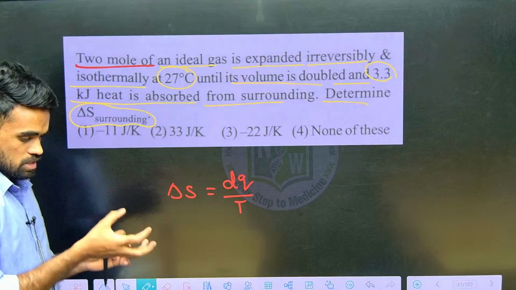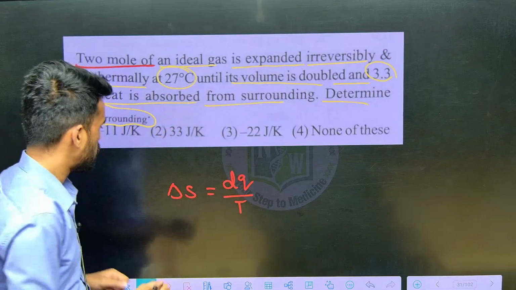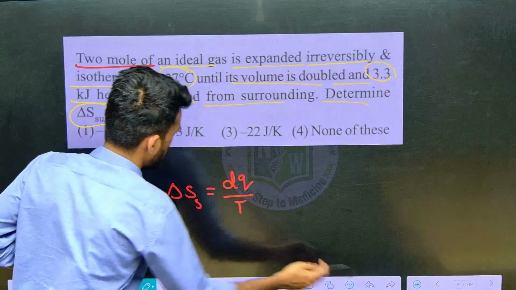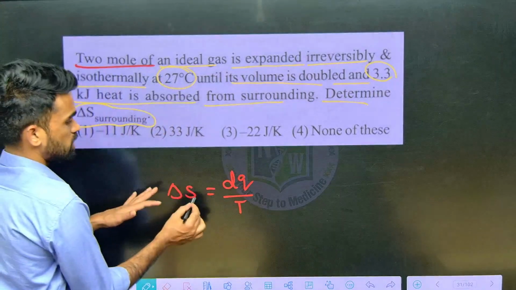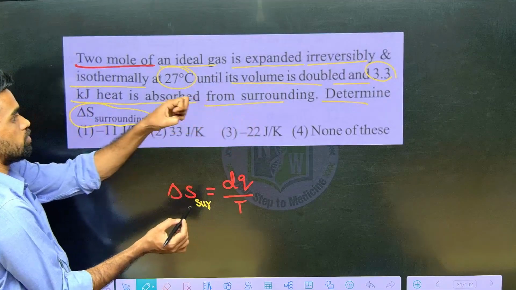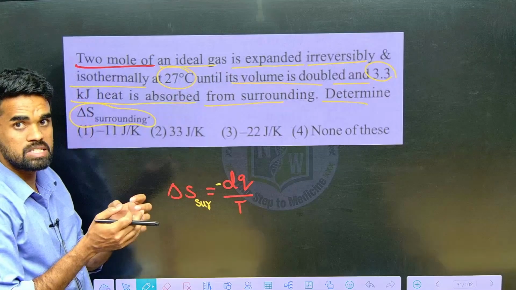See, heat is absorbed from the surroundings, and they are asking only for the entropy change of the surroundings. This is for the system when they are asking for surroundings, so what I need to take is minus here, because the surroundings lose heat.